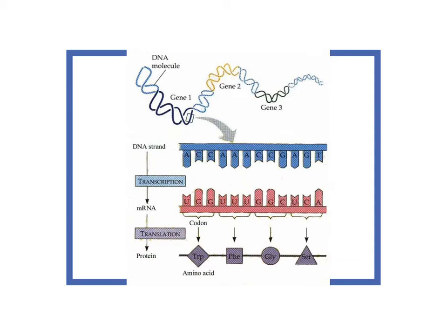And then from there, the RNA is translated into protein, and that's a sequence of amino acids, as we talked about earlier in the year. So this is pretty much what DNA is doing. It's getting transcribed onto RNA and translated into protein.